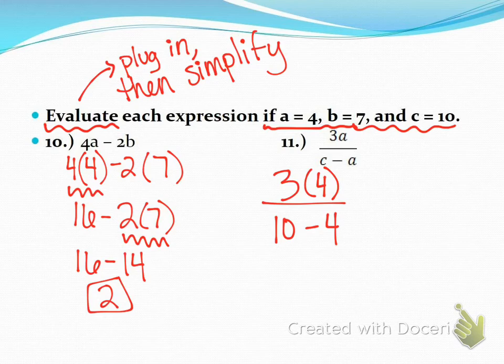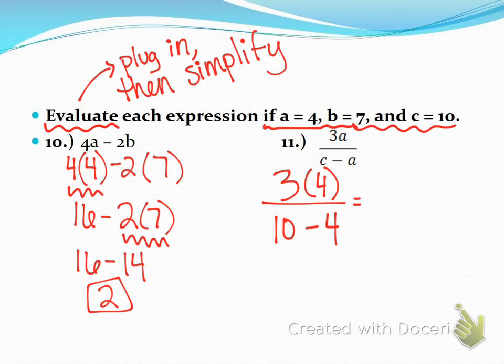So first step is to plug everything in. Do we have any grouping symbols here? Yeah, what do we have? The parentheses, sort of. The parentheses here are more for multiplication. Janaya? The fraction bar is a grouping symbol. It groups the top together and it groups the bottom together.